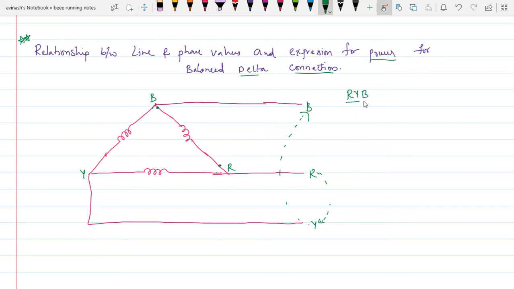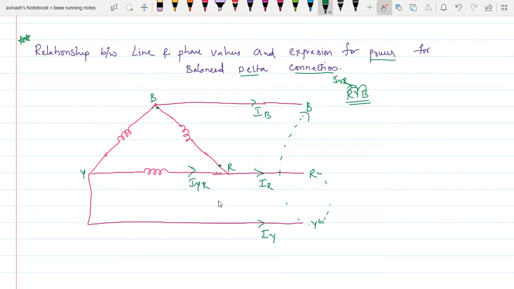This is the current flowing to IR, this is the current flowing to IY, and this is the current flowing to IB. So current will be flowing from R to Y, that is IYR.